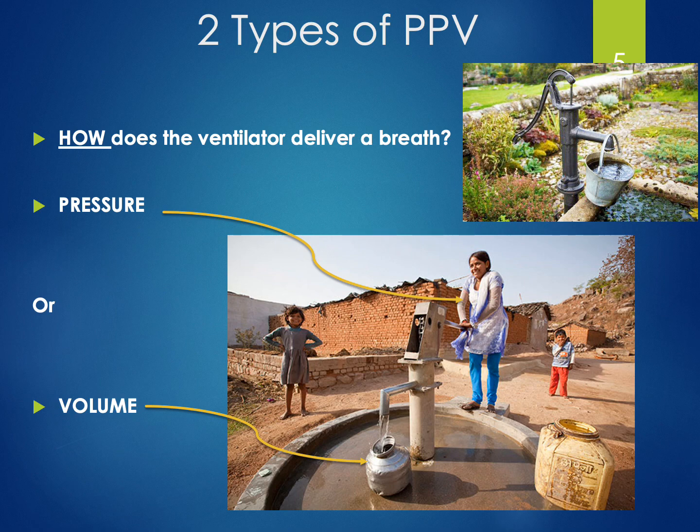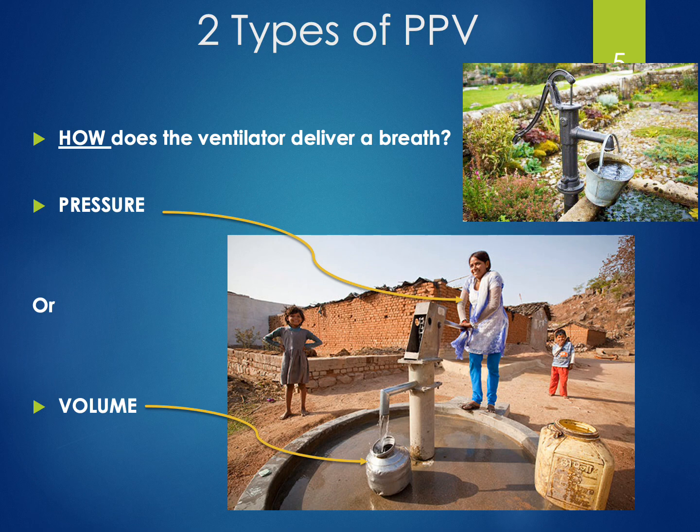So with both pressure and volume, the patient gets a breath. Just like with both pressure and volume with you and the pump, you still got water in the bucket. However, with pressure, we program the machine to push air into the patient's lungs at a certain set amount of pressure or effort. And with volume, we program it to deliver a specific amount of air.